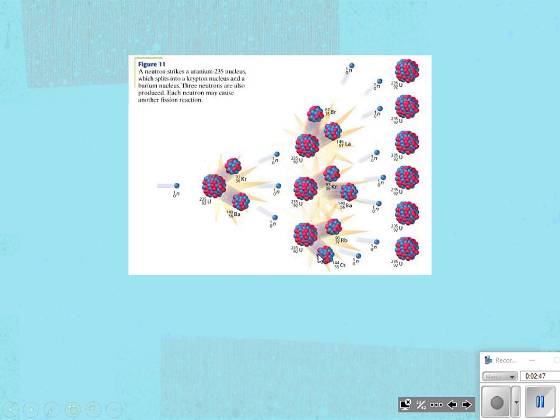Now, we have three more down here, three more down here, three more up here. So can you see, and we're going to call this a chain reaction, we shot one, and then three neutrons came off of that, which collided with three other ones. Now how many neutrons do we have to collide? Three from each one, so what's 3 and 3? 9, all right?